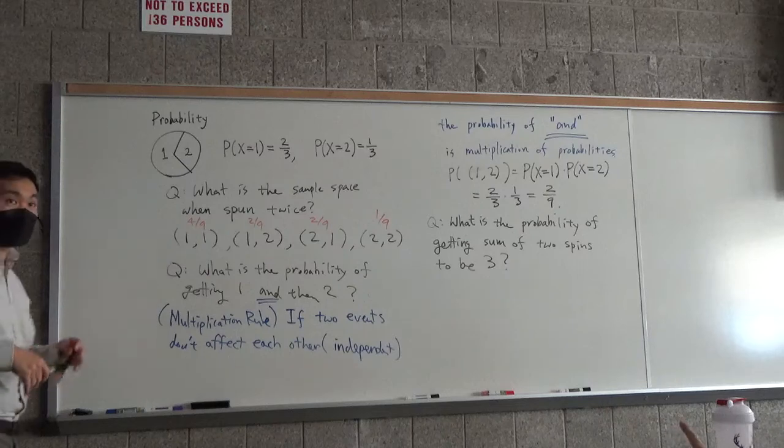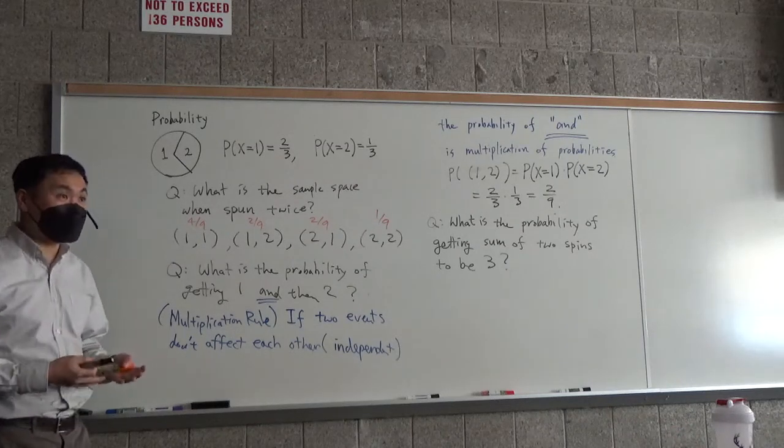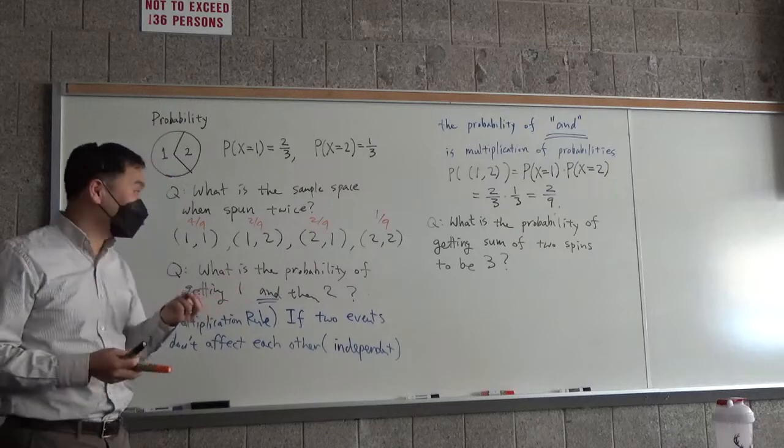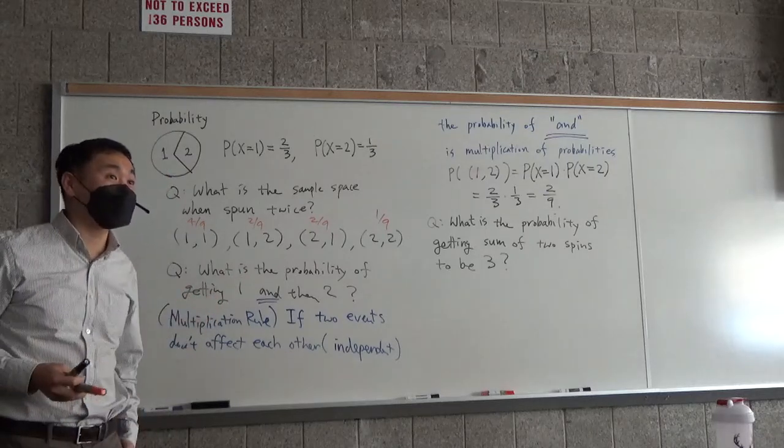Okay. So you get 1 spin and the second spin, and you want the 2 to add up to 3. What do you think the answer is?